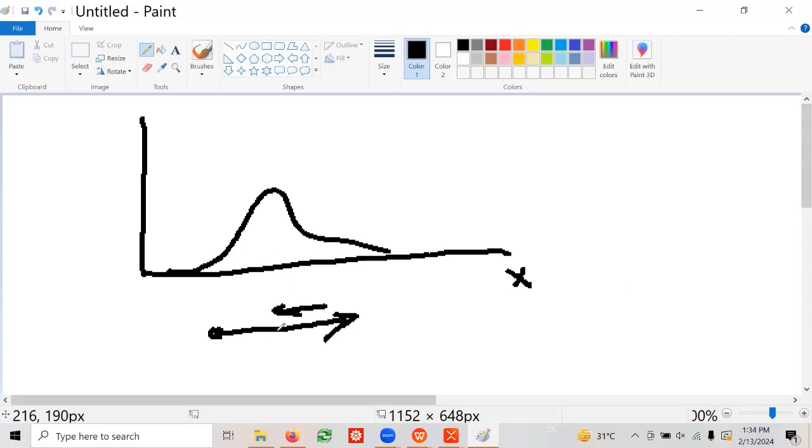So instead of a point moving, this distribution is moving to the right. You're not quite sure where the particle is, but it's around there. When we talk about a particle moving to the right, it's the distribution of its location moving to the right.